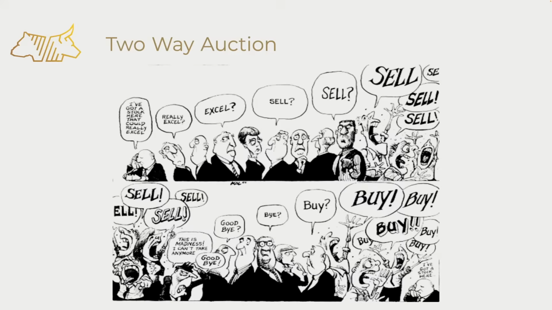So you would have buyers in the pit, sellers in the pit, market makers in the pit, and buyers would be quoting a bid, sellers would be quoting an ask, and you would have this really chaotic kind of auction going on for different instruments, whether it's equities, futures, or options.